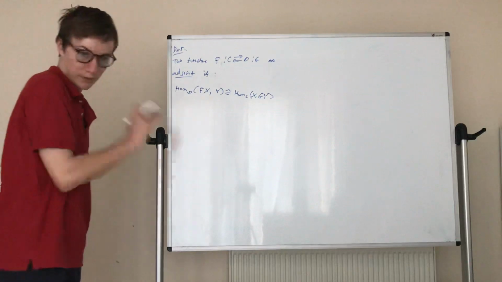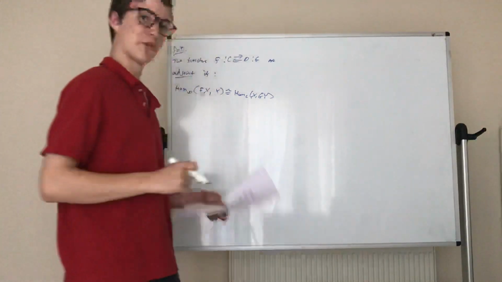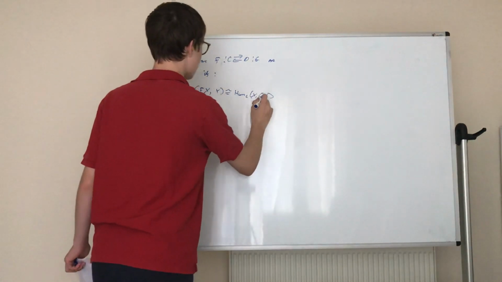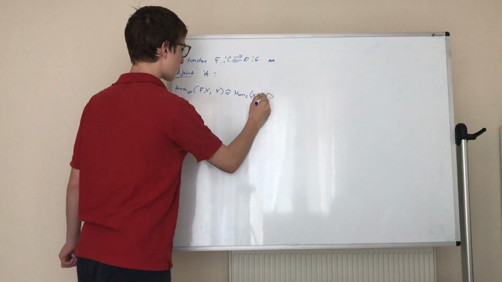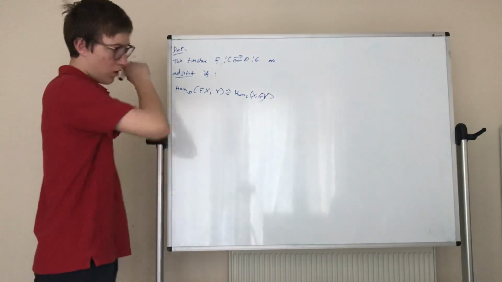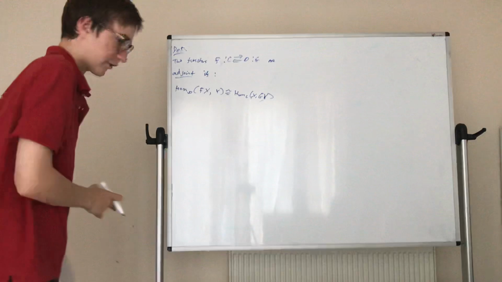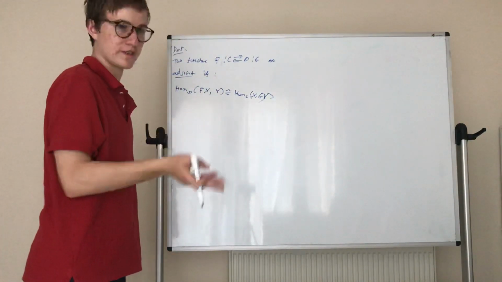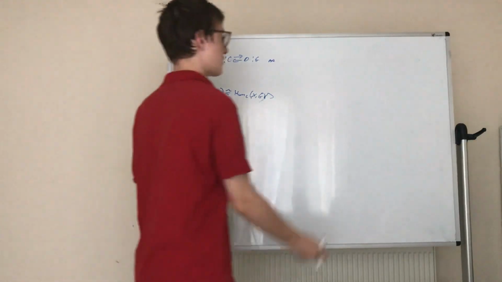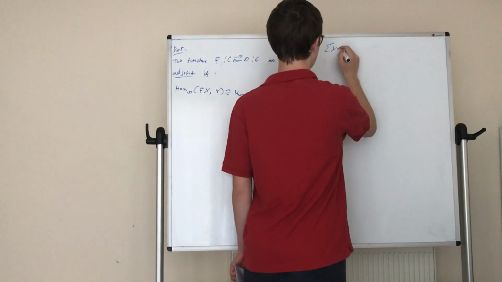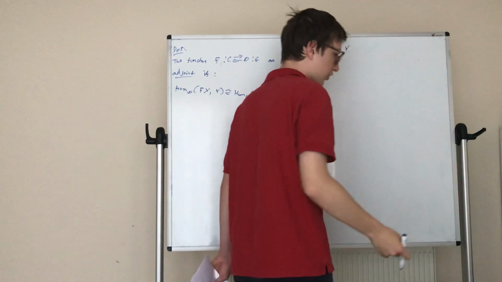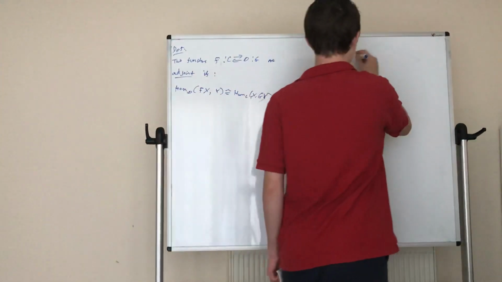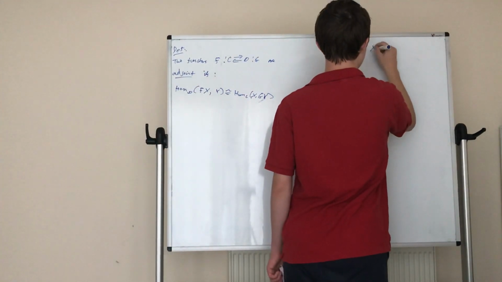Alright, I don't intend for this section of the video to be long, so let's just go over a couple of examples. What exactly this means is, let's just use suspensions and loop spaces. Now, I'm not going to expect you to understand what a suspension or loop space is, but these symbols are a bit easier to comprehend. So, a map from the suspension of x to y would correspond, via whatever bijection this is, to a map from x to the loop space of y.